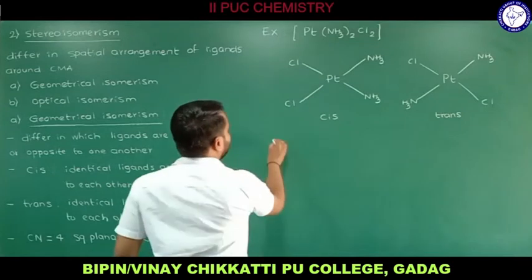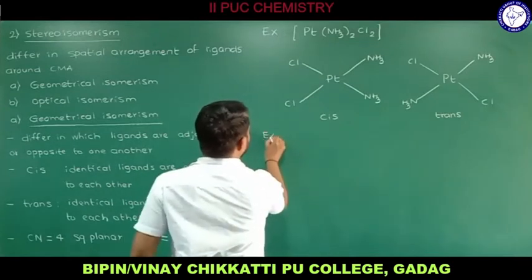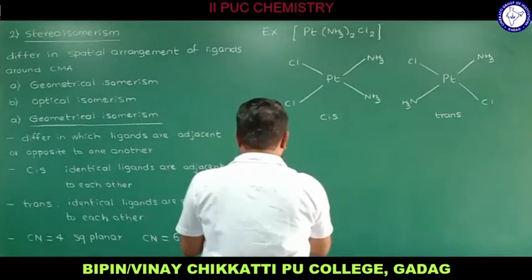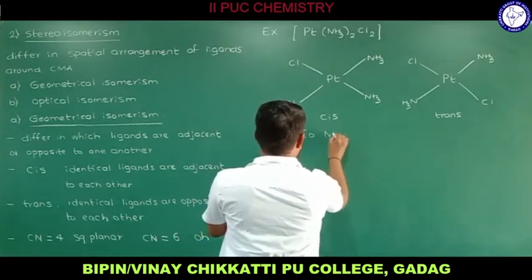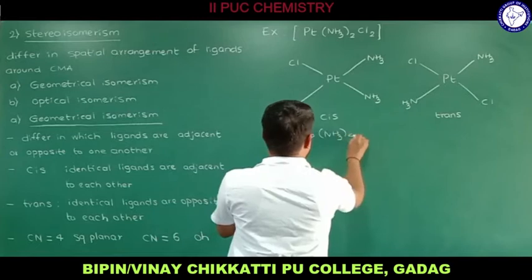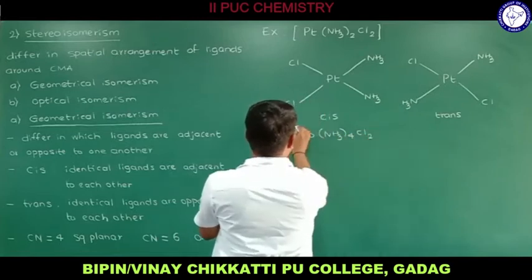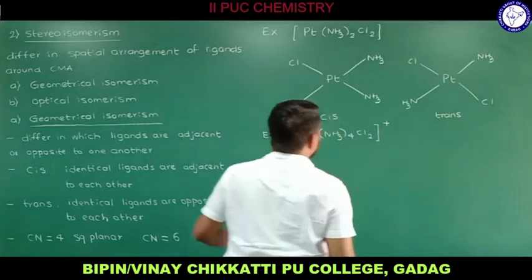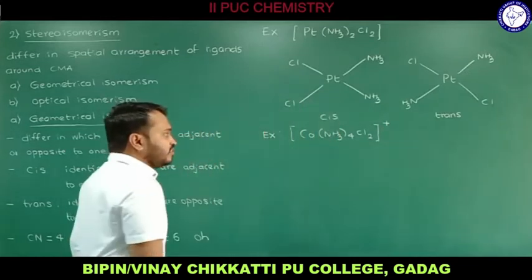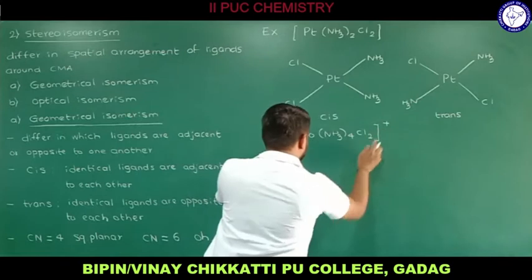One more example. Next, what I am going to consider here is [Co(NH3)4Cl2]+, and we have a positive charge over here. So this is a cationic complex, since on the coordination sphere we have a charge.